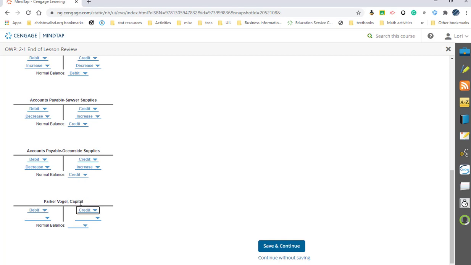This is a capital account, so that was our owner's equity. That means it's on the right-hand side of the equation. So we're decreasing on the left and increasing on the right. Our normal balance is going to go on the increase side, which was on credit.